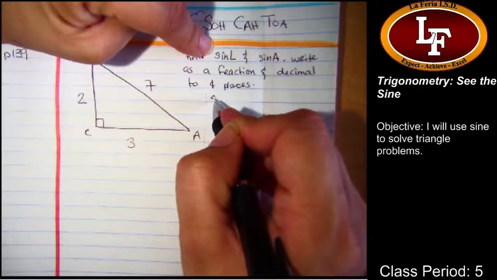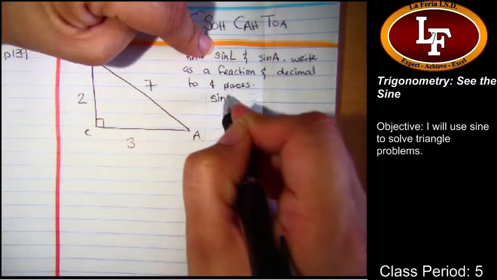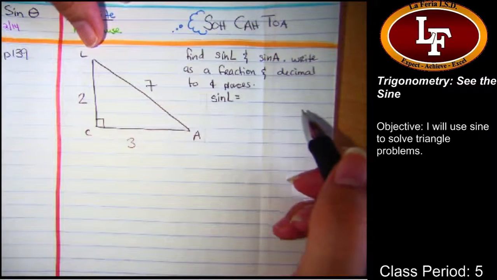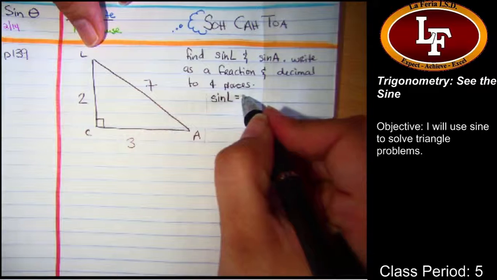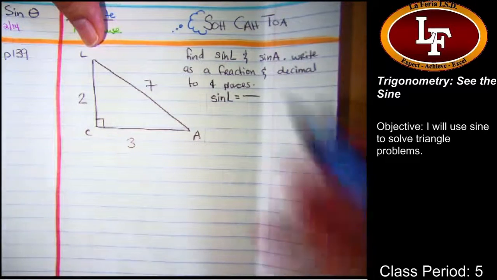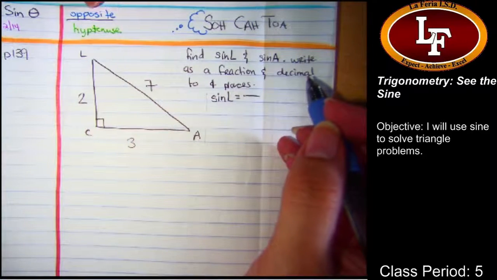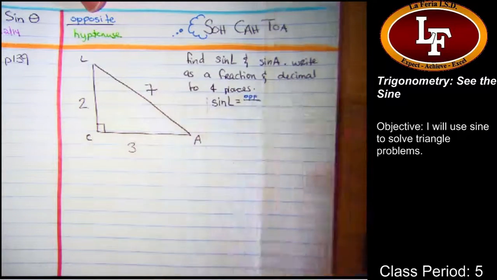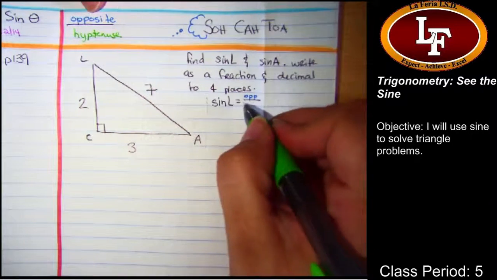The first one says the sine of L. Well, L is our angle, this angle in particular. The sine of any angle is found by the opposite over the hypotenuse. That's what we recalled from Friday.